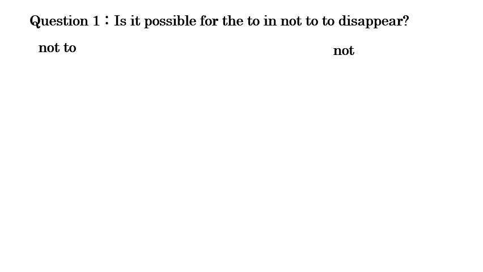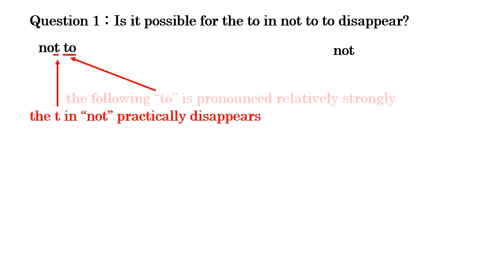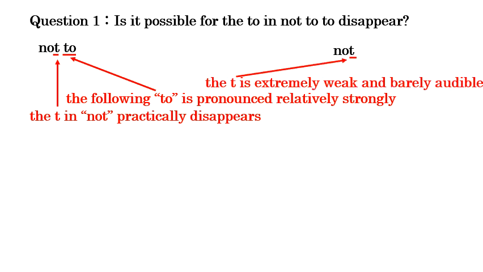Yeah. So does that mean "not to" and "not" are pronounced the same? Not exactly. In "not to," the T in "not" practically disappears, and the following "to" is pronounced relatively strongly. In "not," the T is extremely weak and barely audible. So does that mean people sometimes mistake "not" for "not to" in writing?